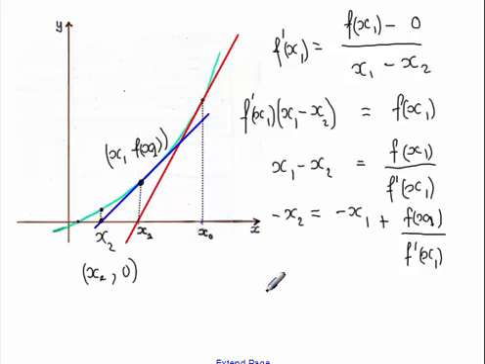Remember, we need the subject of the formula to be x2. So multiply both sides by the minus sign, then we get x2 is equal to x1 minus this ratio, which is f at x1 over f prime at x1.